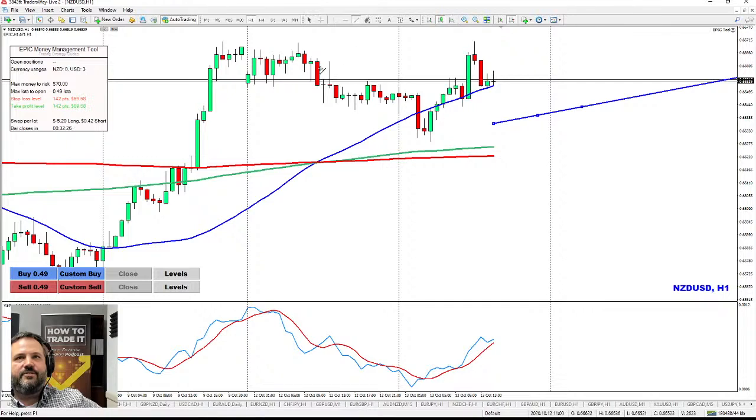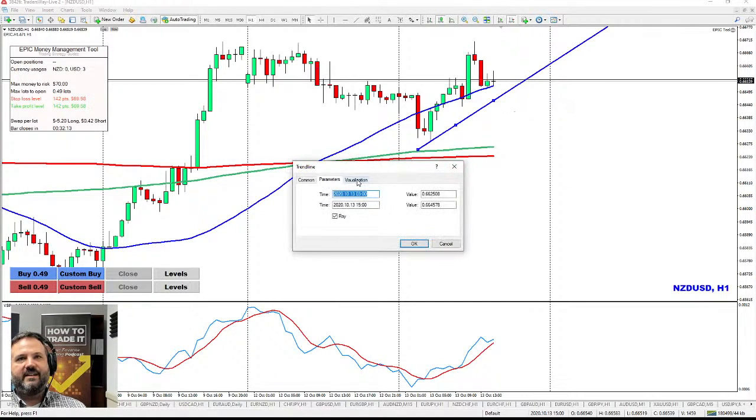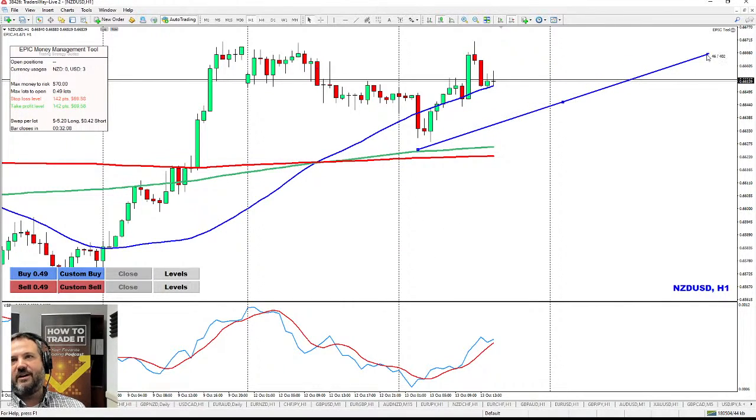You just draw the trend line and it just keeps going, right? But I don't like that. That's just not the way I like to do it. So my personal preference is I just change the properties, and where it says ray, I turn that off, and then I draw it to however long I want it to be.